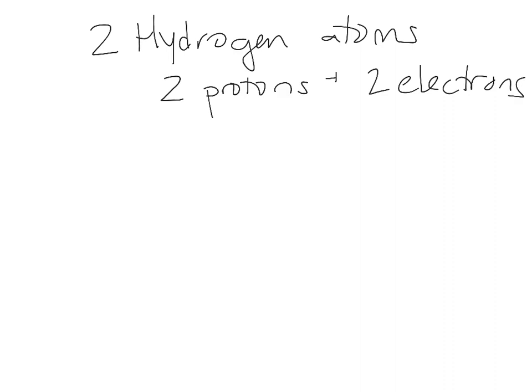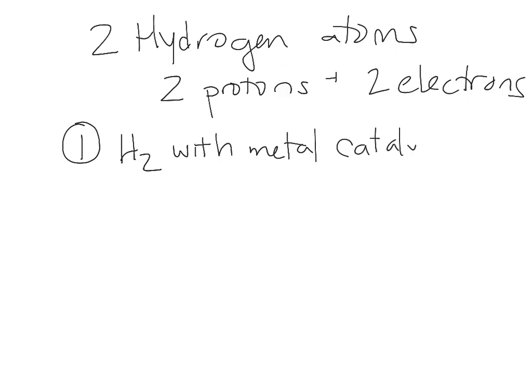And there are 3 ways that can happen. The first way, the simplest type, is if you add H2 with some sort of metal catalyst, so that the reaction has a surface on which it can happen. That's one way you can do a reduction. So H2 can be a reducing agent.